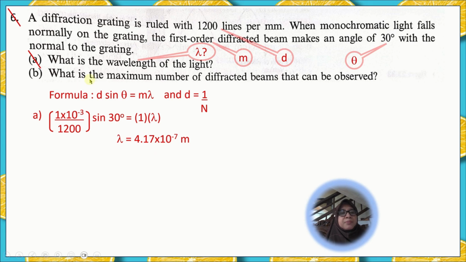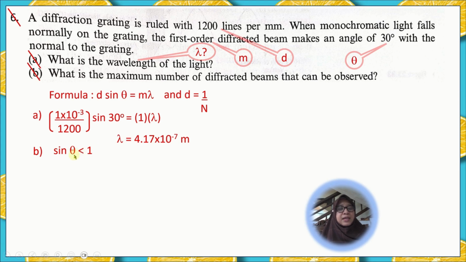Okay, now question B. What is the maximum order of diffracted beams that can be observed? So to find the maximum number, the angle of the light cannot be larger than 90 degrees. For the light to reach the screen, the angle must not exceed 90 degrees.